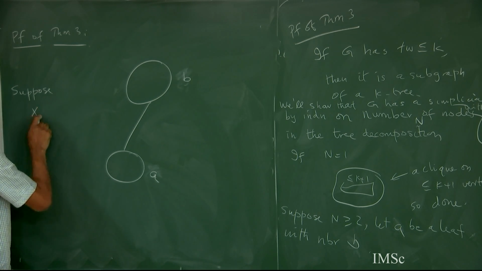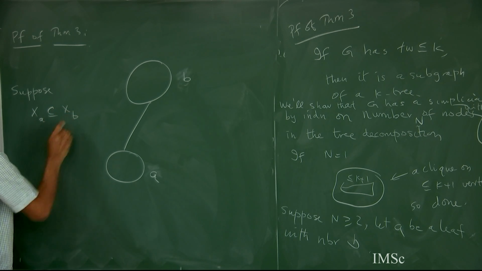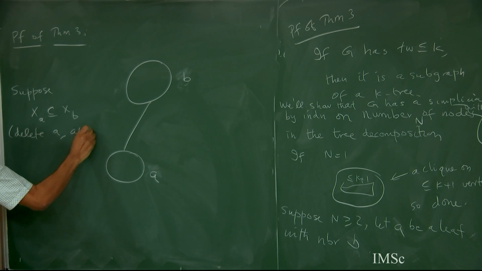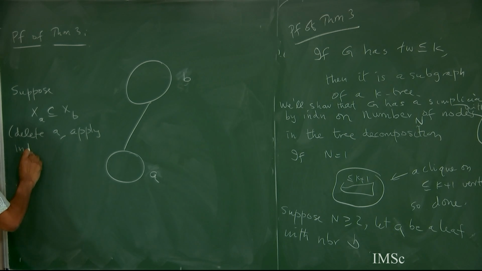Suppose X_A is contained in X_B. What can I do? I want to apply induction. Just get rid of this X_A. What I have is a graph with tree decomposition of width at most K with one less node, and then I know there is a simplicial vertex by induction. So delete A and apply induction, because the graph is the same.